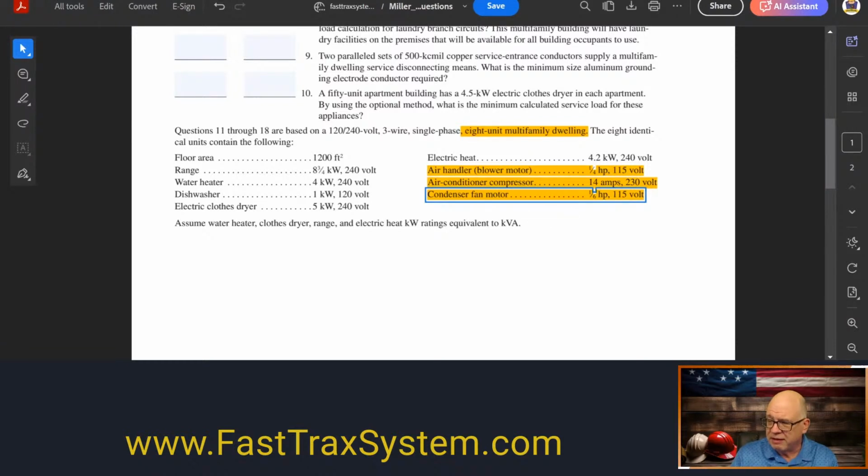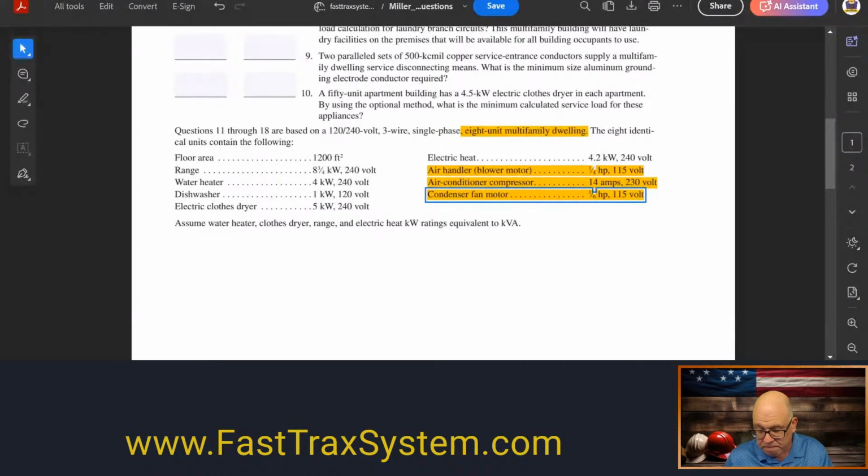So the resistive heating is 4.2 kW, and the air handler blower previously was 667 VA, because we did that earlier, 5.8 amps times 115 volts. So we add that 667 to that 4,200, and that's also the air handler for that one.